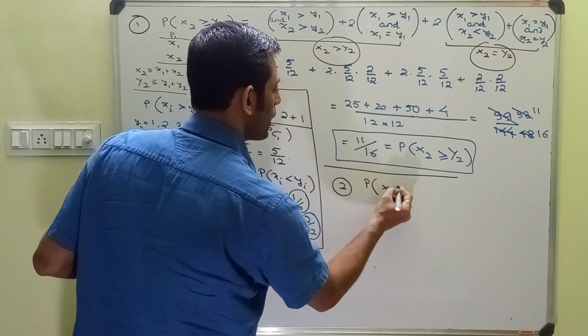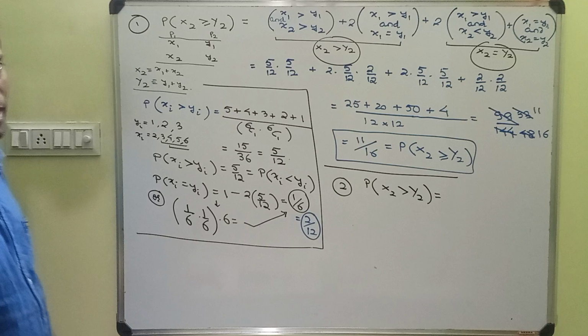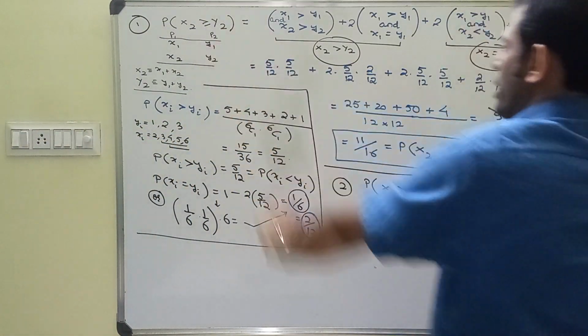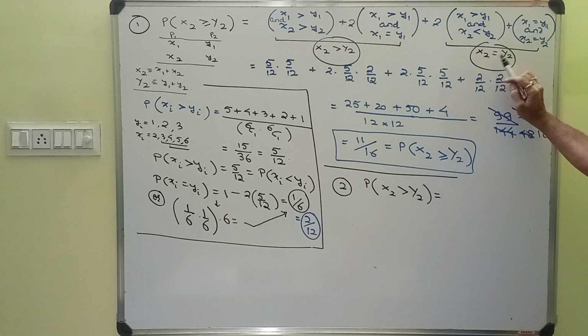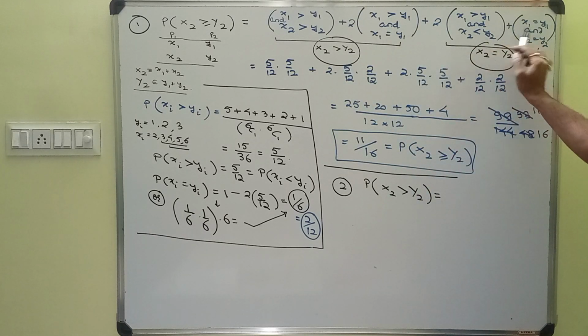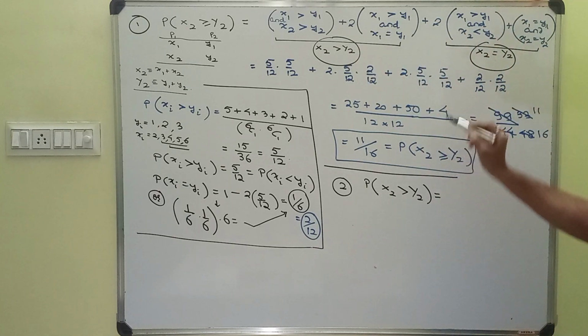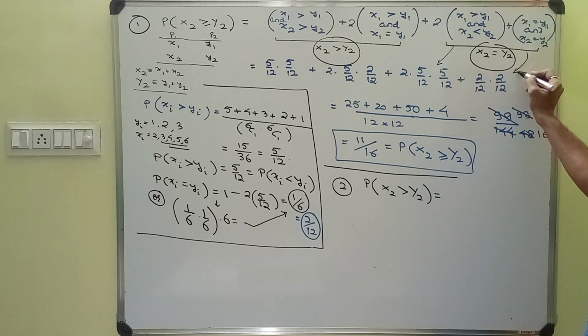Now, let's begin with question number 2. Probability of x2 greater than y2. Now, dear, this is very clear. See this, this greater than or equal to case included cases of inequality and cases of equality. If we do not count these cases, we will get only this. And that means what we should not count? We should not count this one and we should not count this one.